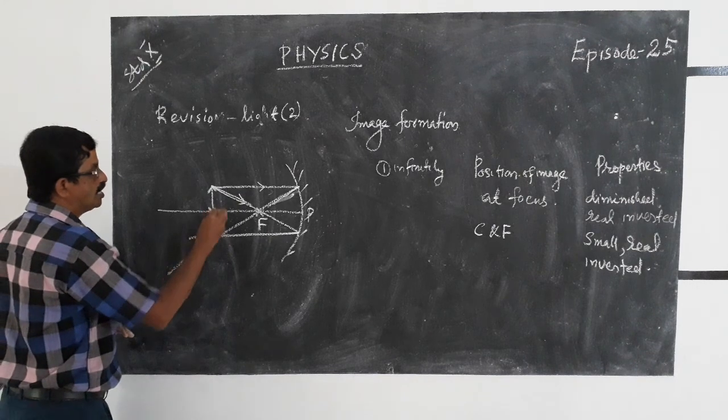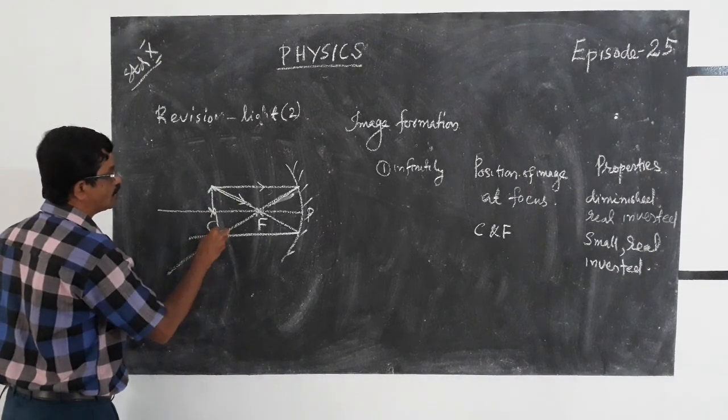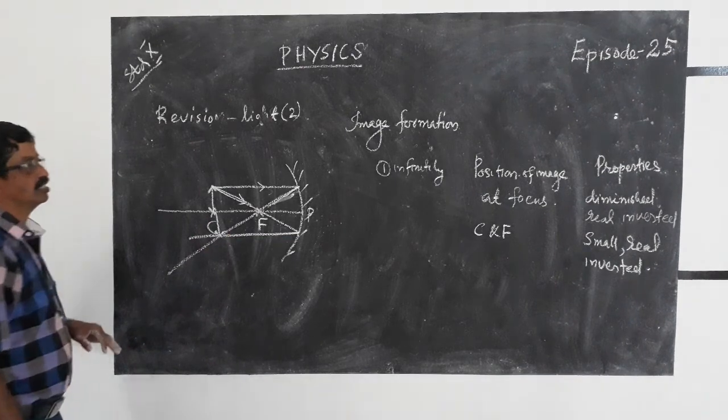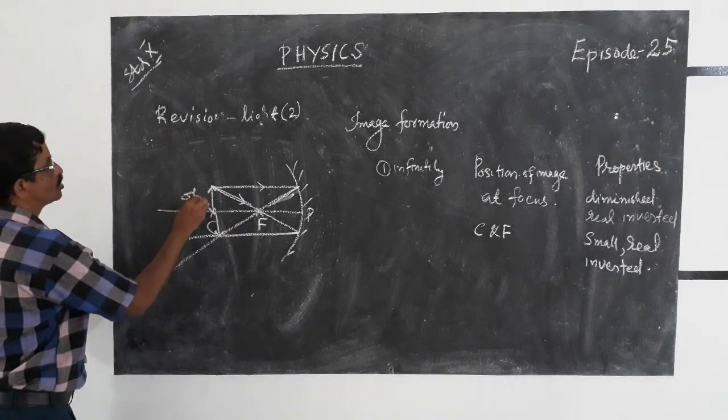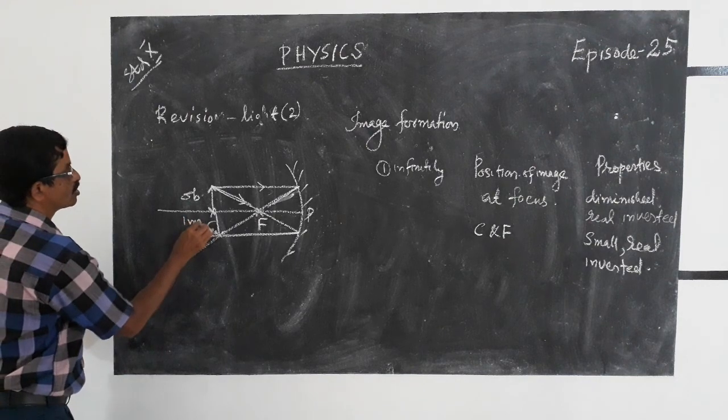These two reflected rays meet at this point, here we get the image. Object here, image here.